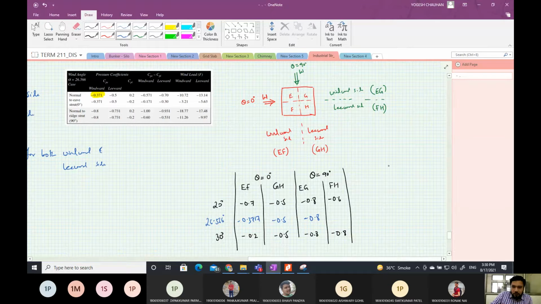This will be minus 0.7313. So these are the values of external pressure coefficient.